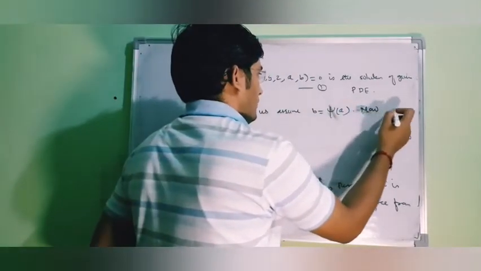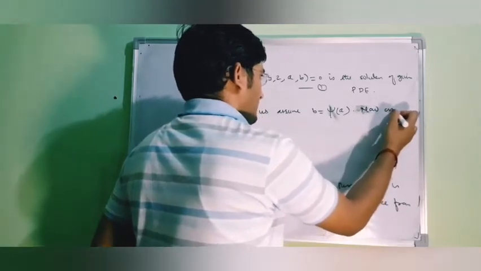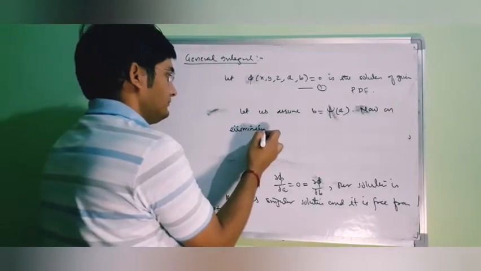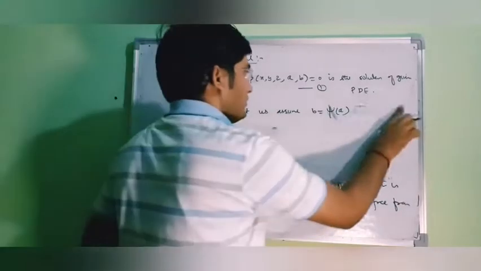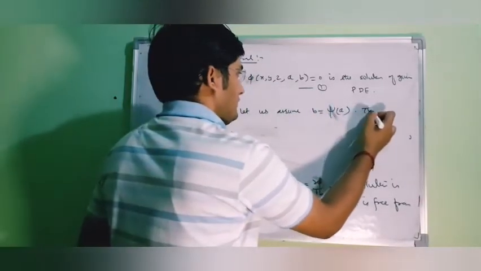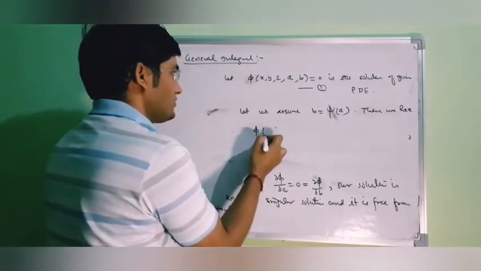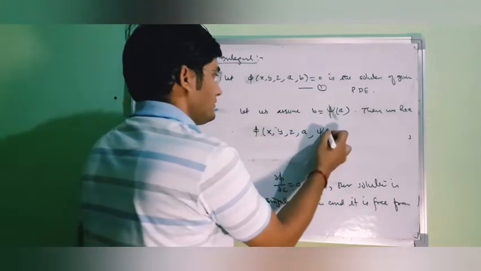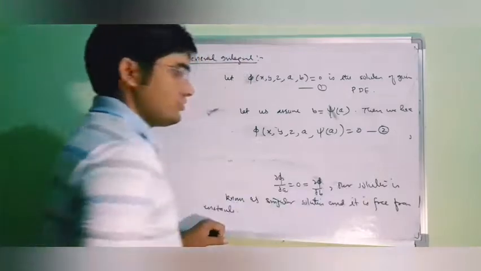Now if we put this value here, this equation will be phi of x, y, z, a comma psi of a equal to 0. So this is equation number 2.